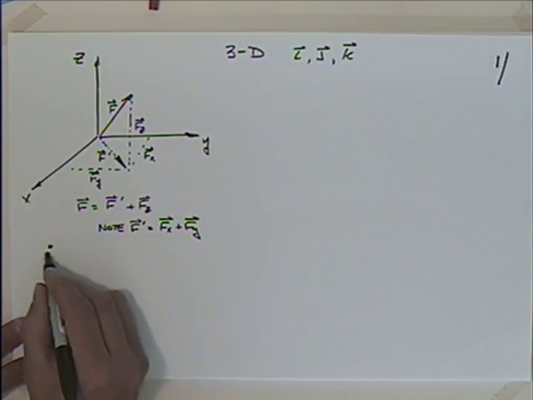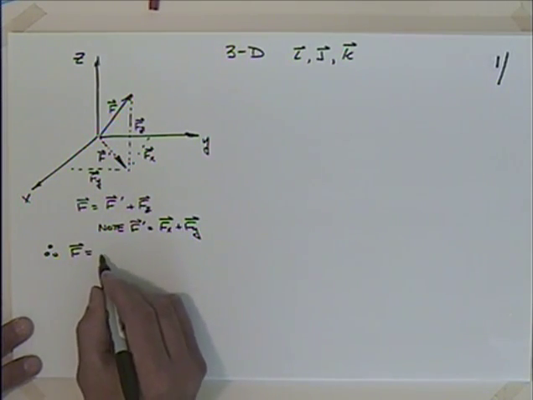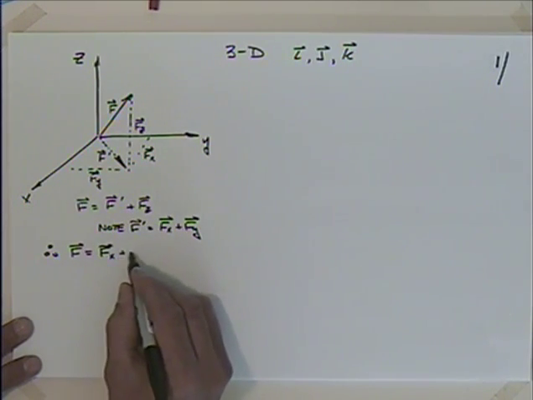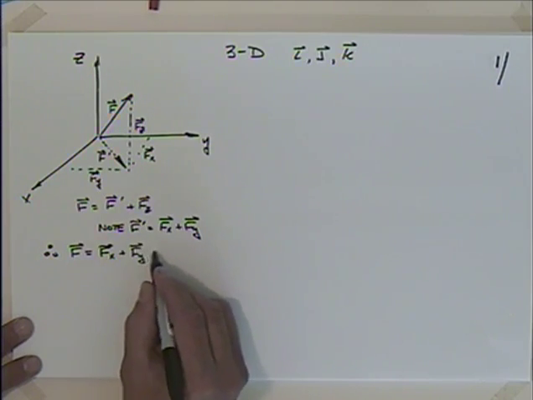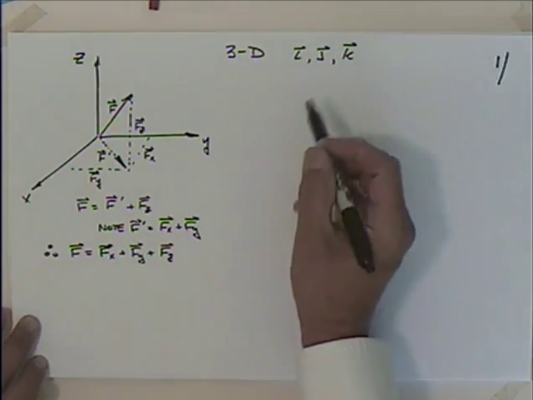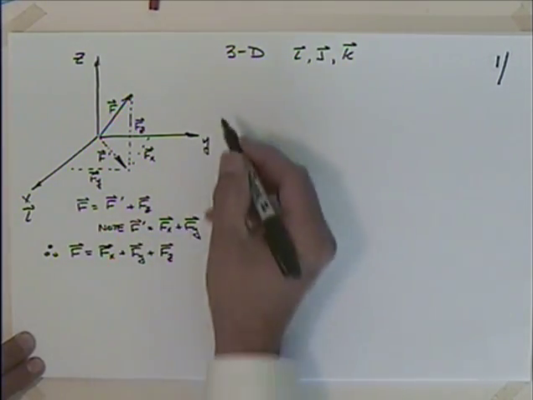We could say then that this vector in 3 dimensions is equal to, substituting the f prime in there, fx plus fy plus fz.